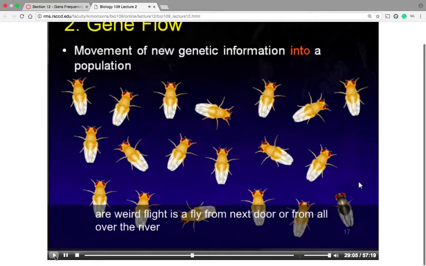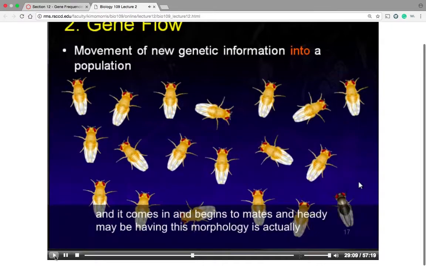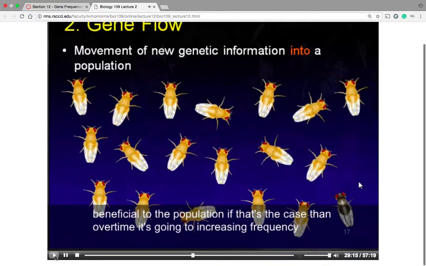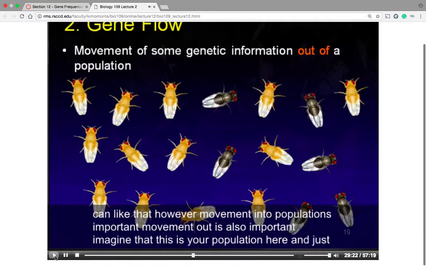This is a fly from next door or from over the river. And it comes in and begins to mate, and hey, maybe having this morphology is actually beneficial to the population. If that's the case, then over time, it's going to increase in frequency. Kind of like that.